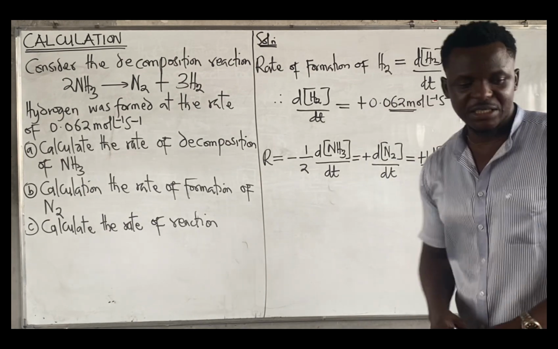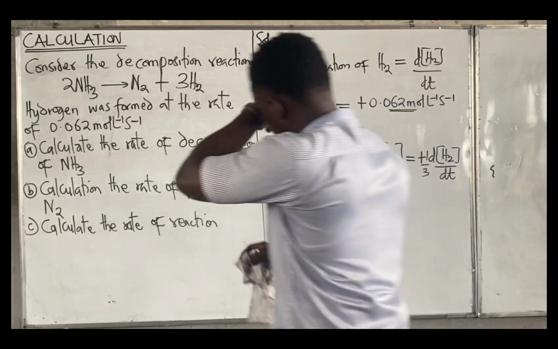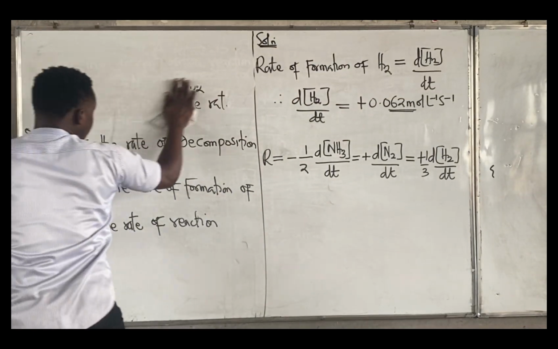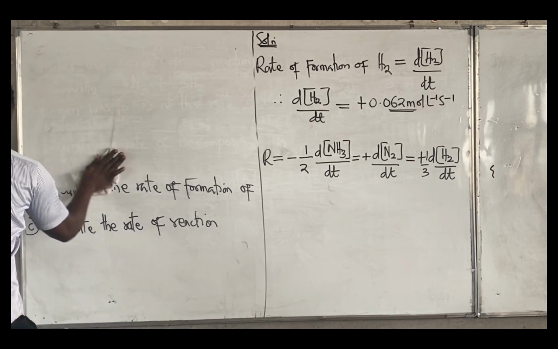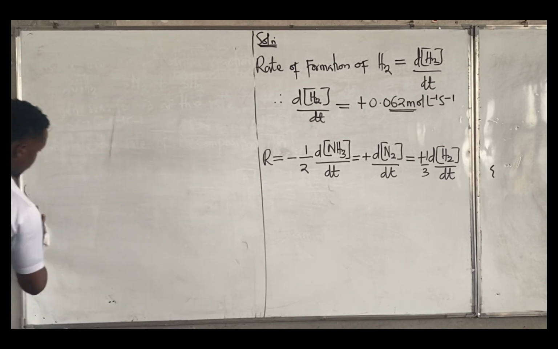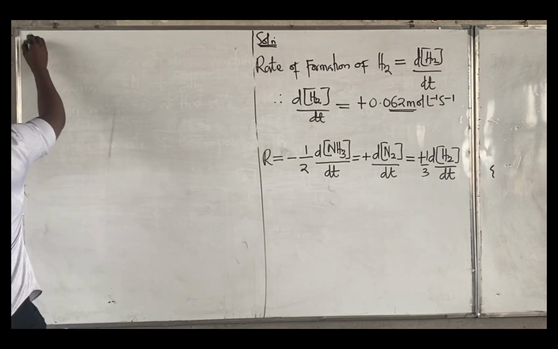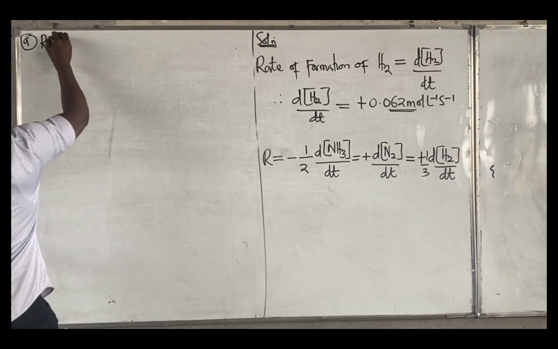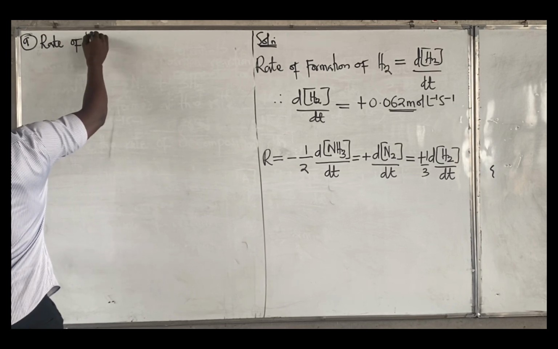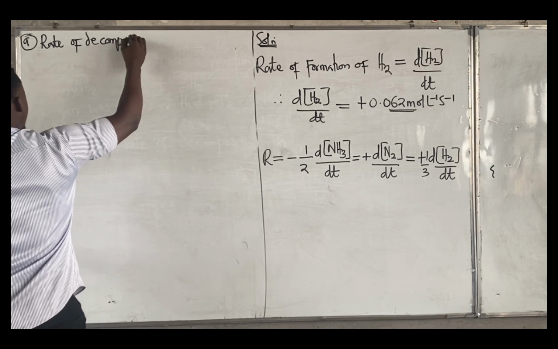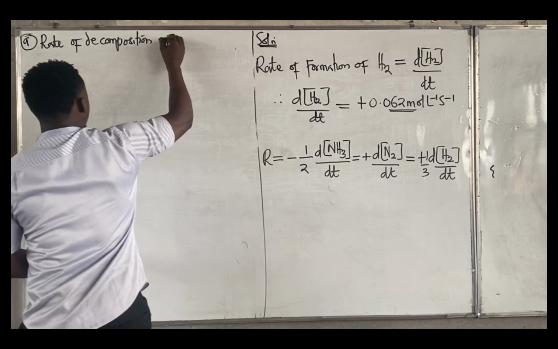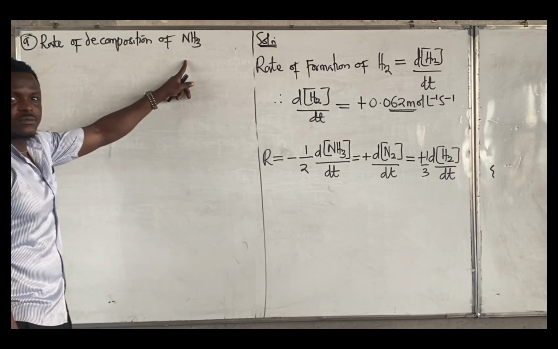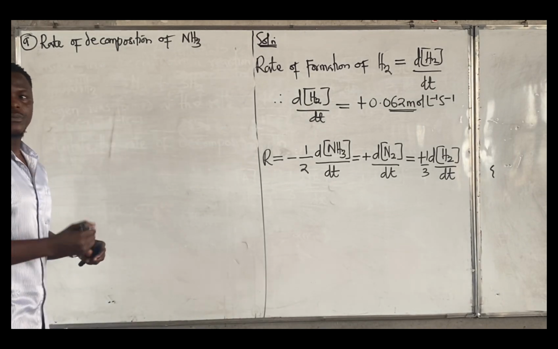So I'm going to clean this side of the board so that we have a clearer view of this. So question A was, they said calculate the rate of decomposition of ammonia. Once again, try to interpret this word into the mathematical form.